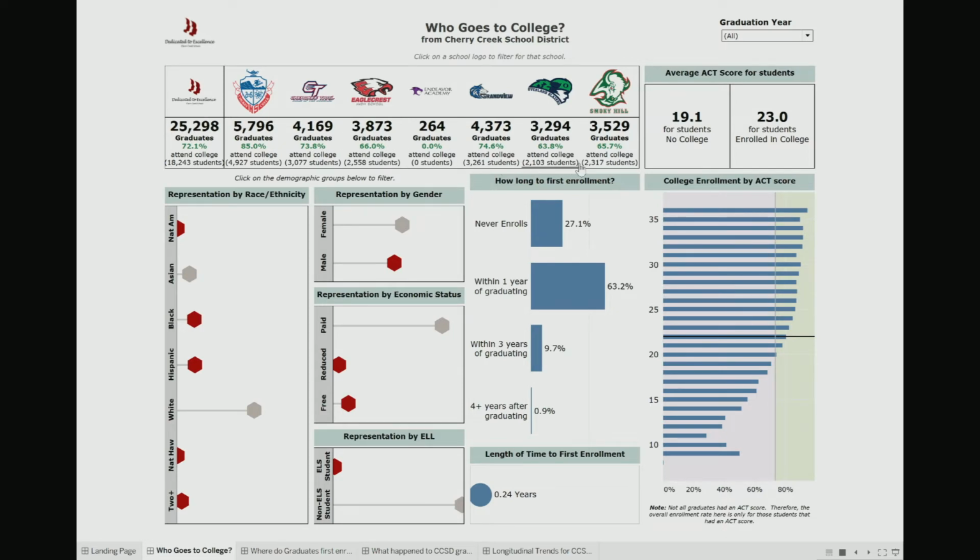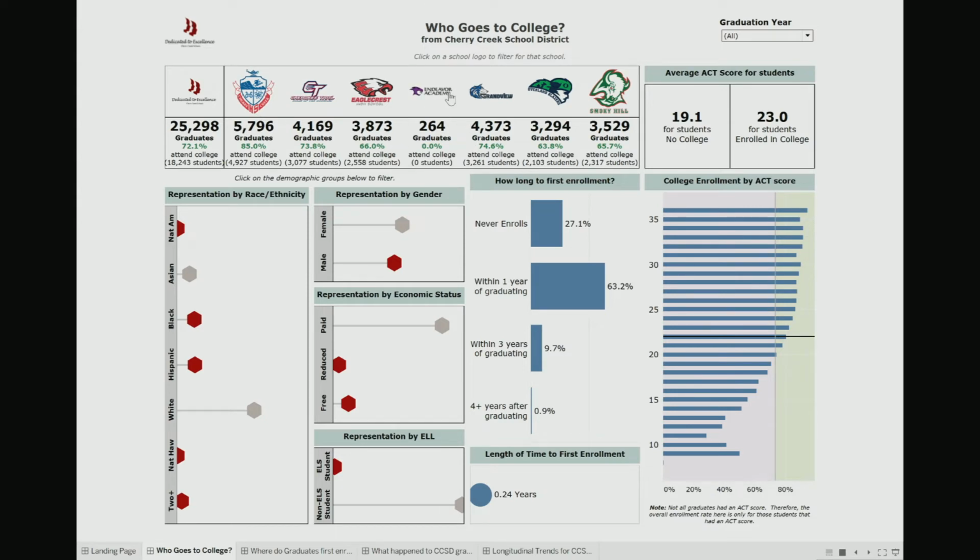We then break it out by how many students graduate per school. Our biggest high school, where Norm's daughter Drew went, has graduated 5,800 students over the last 7 graduating classes, and then it goes from there.